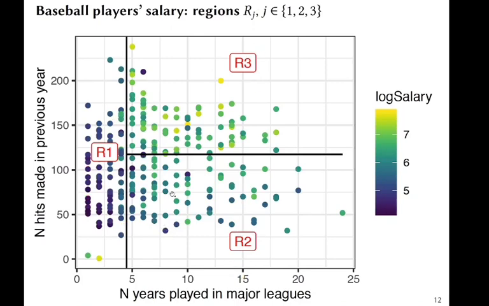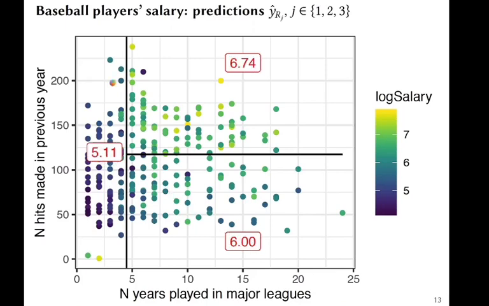Indeed, it did partition in a way that accords with our intuition when we eyeballed the data. For the experienced ones, if we take the average of their log salaries here, we will get 5.11. If we take log salaries of baseball players in this region in our data, it will be 6. And these people in the top right got 6.74.